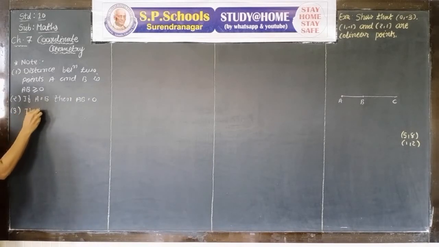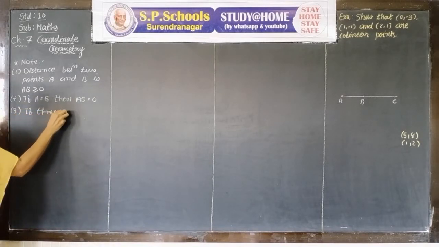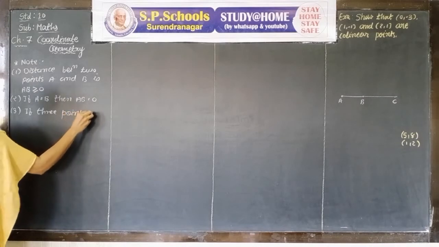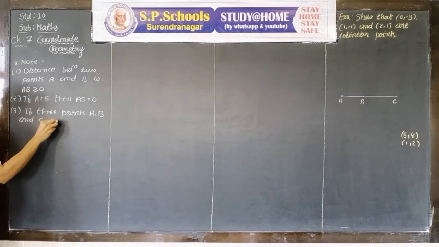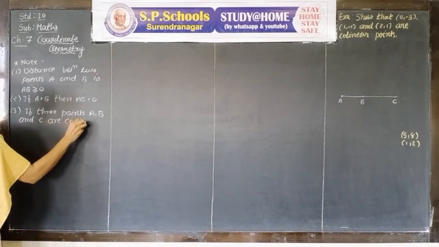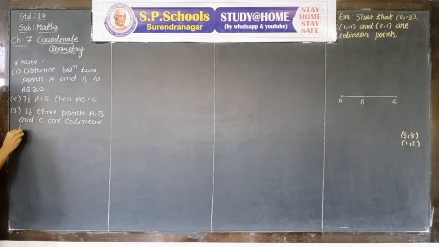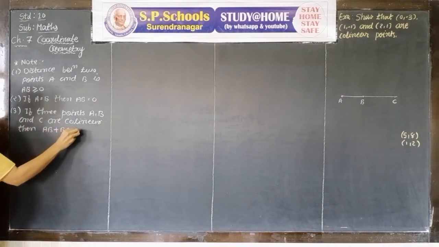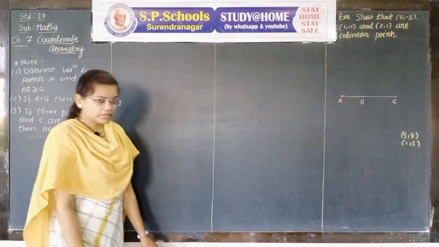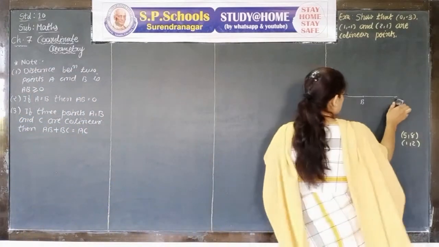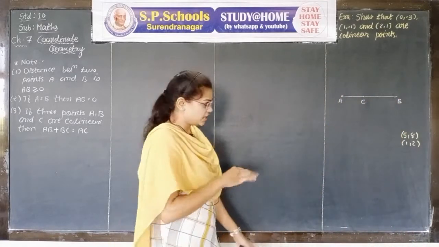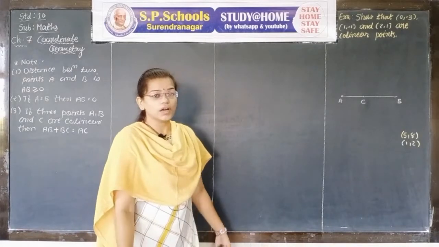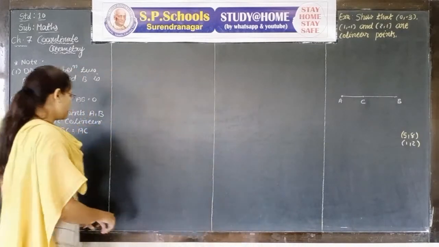If 3 points A, B and C are collinear, then AB plus BC is equal to AC. There will be a change in the condition if C lies between A and B, then it is written as AC plus BC is equal to AB. It depends on the coordinates given in the question.